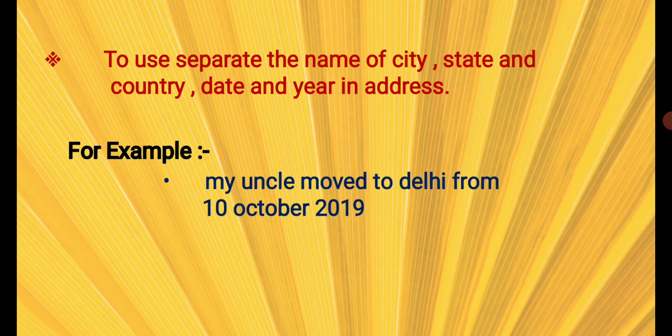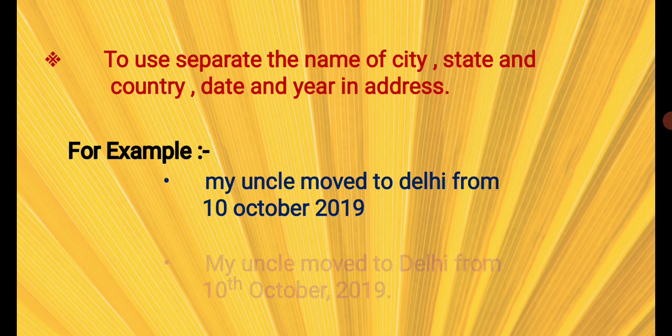Let's see the example. My uncle moved to Delhi from 10th October 2019. Here the first letter of "my" will be capital. Then Delhi is a proper noun, so we will write D as a capital letter, and then after 10th October we will put a comma and then 2019 and then a full stop.